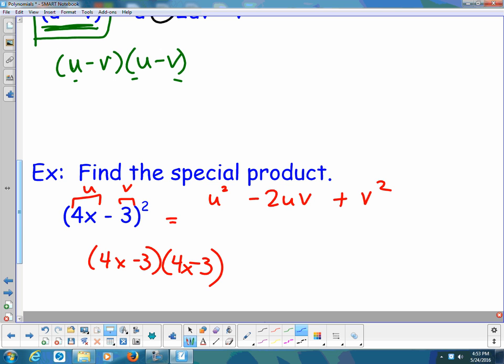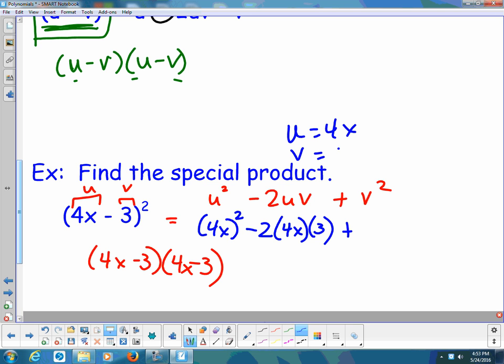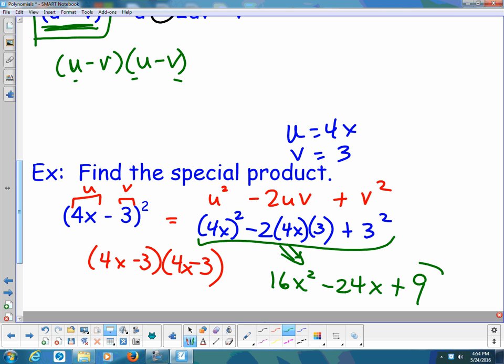So I'm going to fill in my u, which was 4x, quantity squared, minus 2 times 4x times 3, plus my v squared. Remember, u is equal to 4x in this example, and v is equal to 3, so plus 3 squared. And so my final answer, if I'm simplifying this, would be 16x squared. 2 times 3 times 4 is, what, 24, so I have minus 24x plus 9.